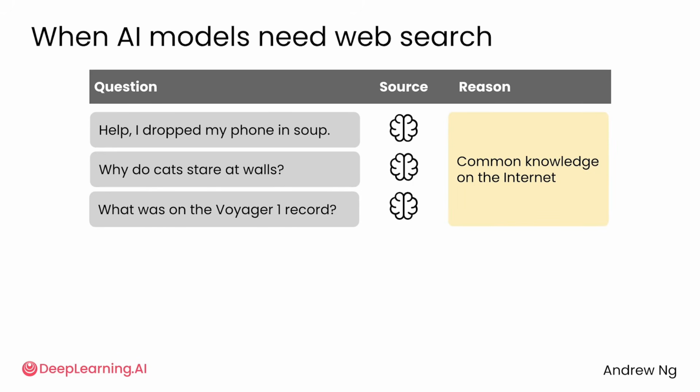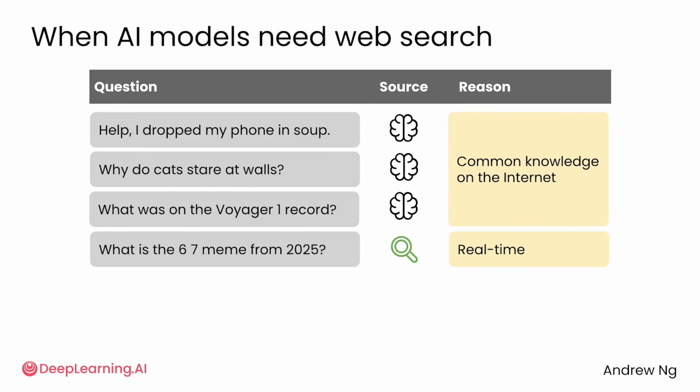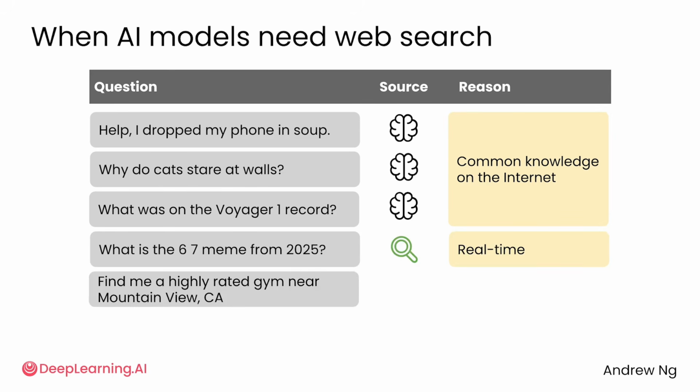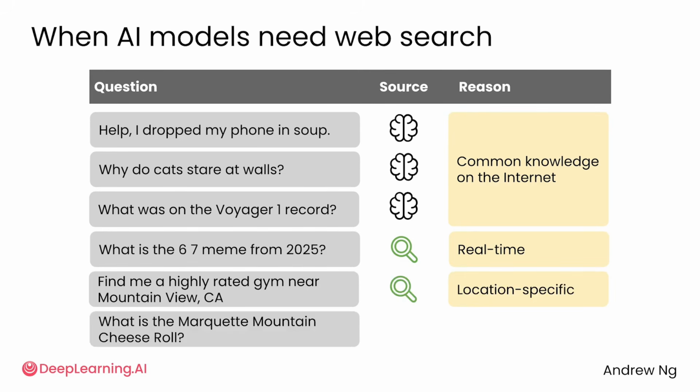But if you were to ask it about current events or something happening very recently, then it'll need to do a web search to get that real-time information. If you ask it location-specific information, where doing a web search makes sense, or if you ask it for other types of niche information, there's also a good chance it will realize it doesn't know enough about that topic and that doing a web search to gather more information would help it give you a better answer.